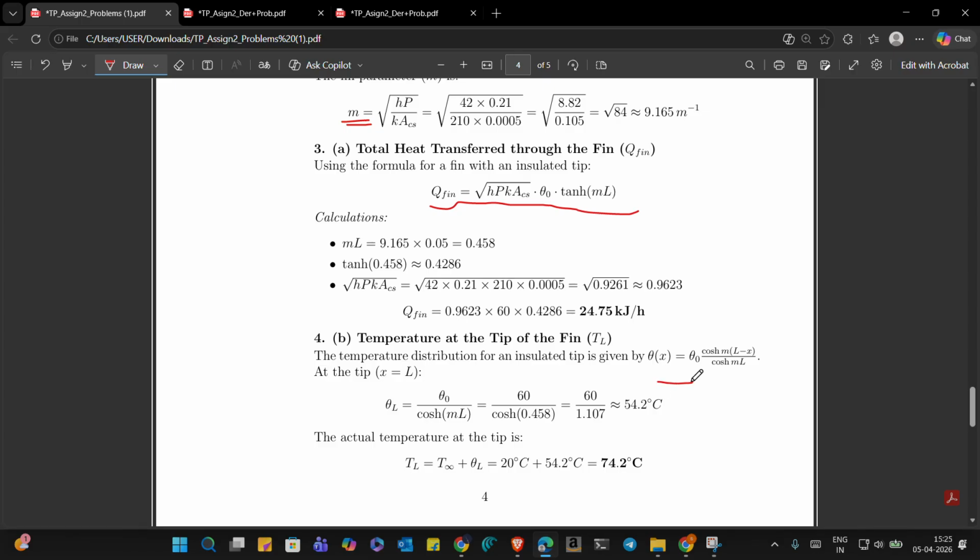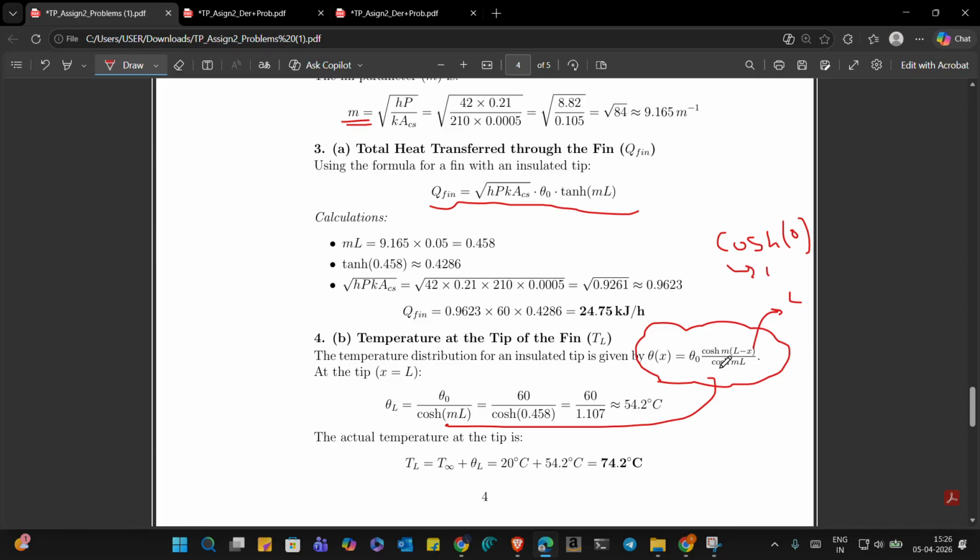So for the insulated tip, the dependence of temperature on location x is given by this relation, where it is the hyperbolic function of cosine. So what we are going to do is put a boundary condition over here. At x is equal to L, we put the value of L, and the value of cosh 0 is given as 1.